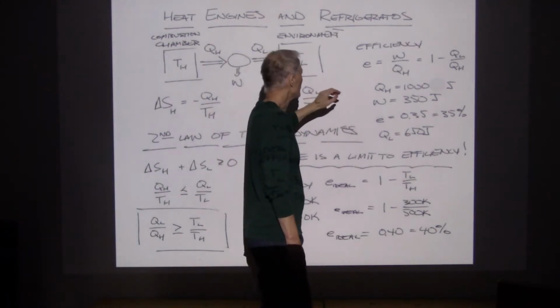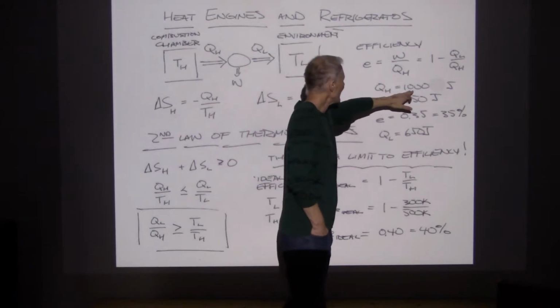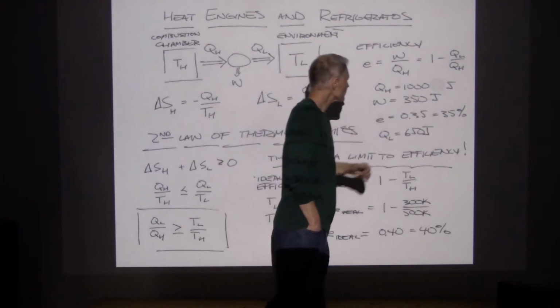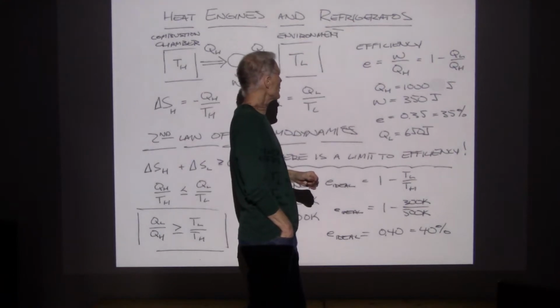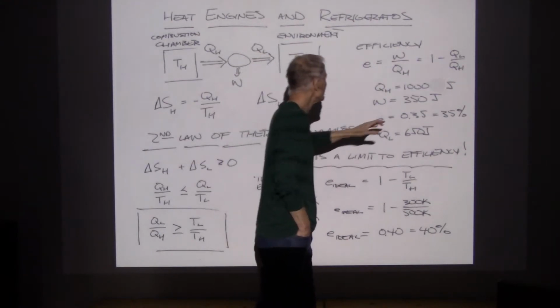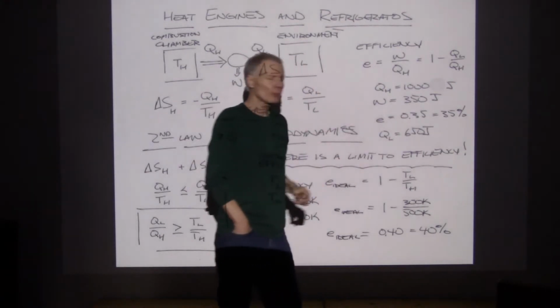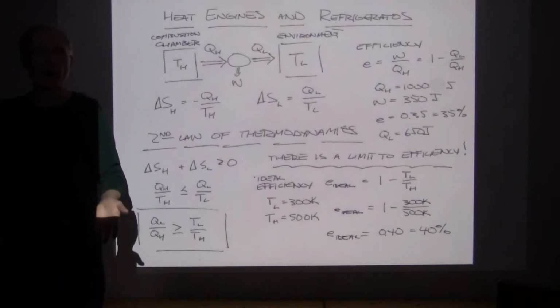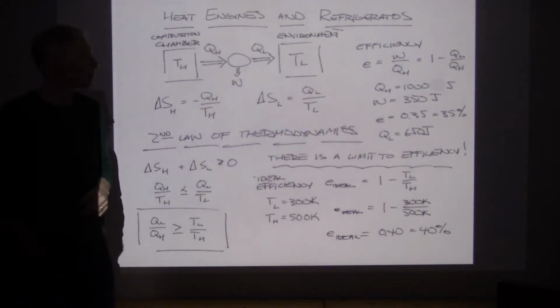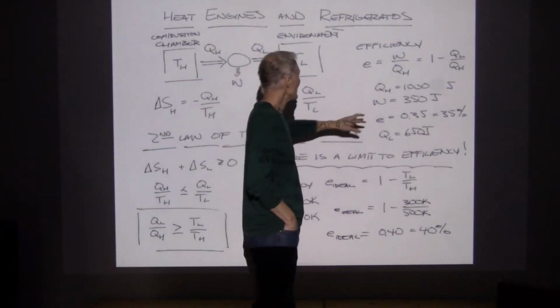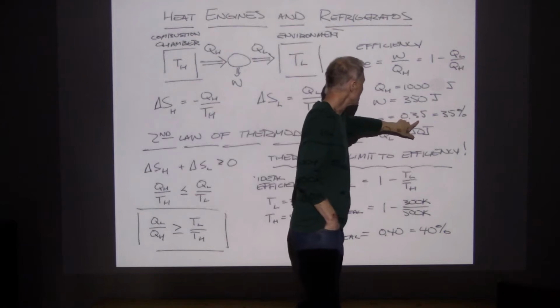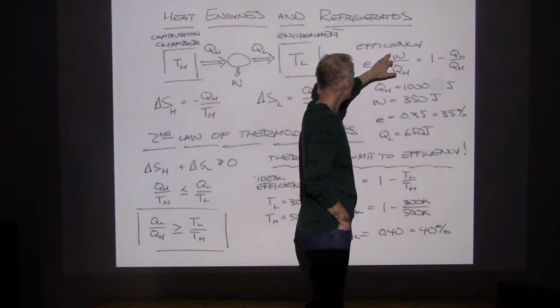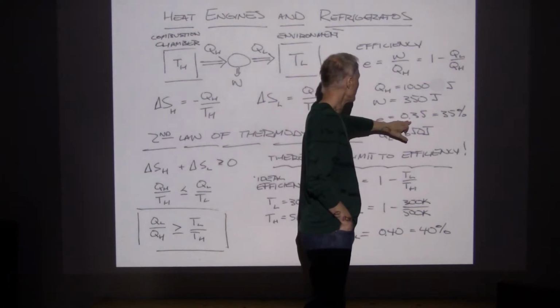So I just put some numbers in. Let's imagine that for every 1,000 joules of thermal energy that we generate in the high temperature region, we were able to get out 350 joules as work, something that we can operate a vehicle or generate some electricity. Well, that sounds like an efficiency of 350 divided by 1,000, which is 0.35.